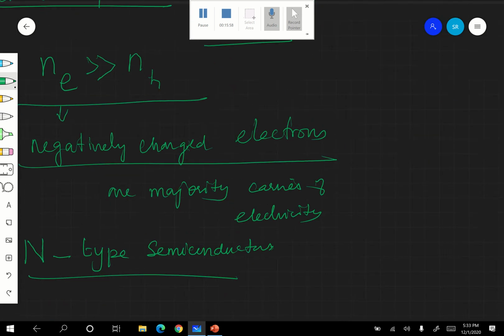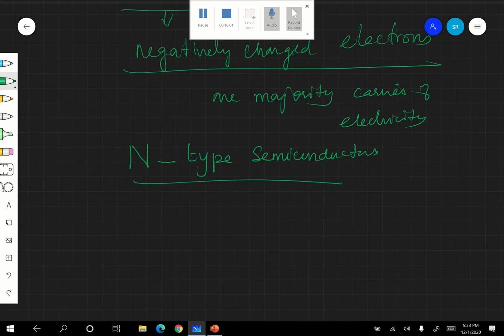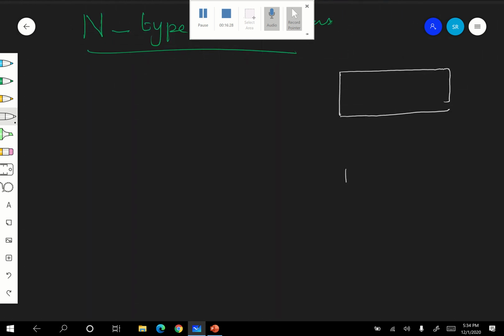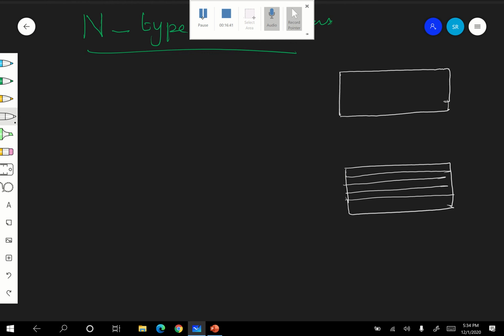Now the same thing, if I want to draw with an energy band diagram: here this is the conduction band and this is the valence band, and these are all many energy levels.